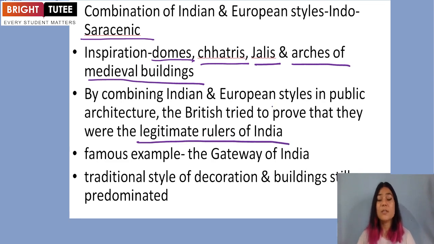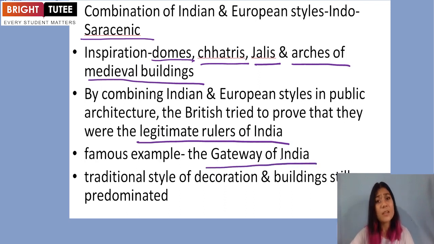By using this kind of style in building architecture, the British government was trying to make a statement, and that statement was that the Indians were under their control. The Indians were their subjects and they were the rulers. So the famous example of Indo-Saracenic style of architecture in Bombay is the Gateway of India.